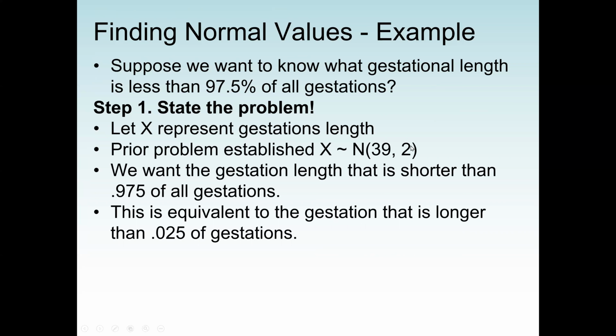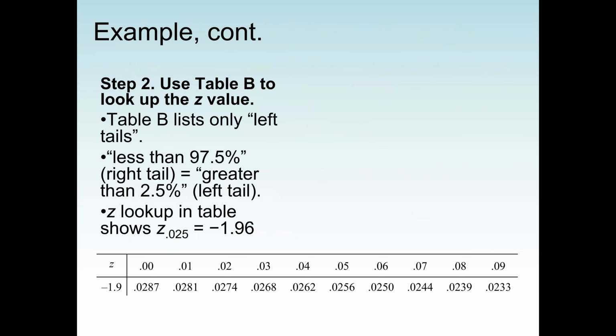The mu, which is given to be 39, plus the z value, and the z value was found based on 97.5, which was 1.96. So multiply by 1.96 times, again, the standard deviation. So this is how we find negative 1.96: we go to the negative 1.9 row, then we look at 0.06.